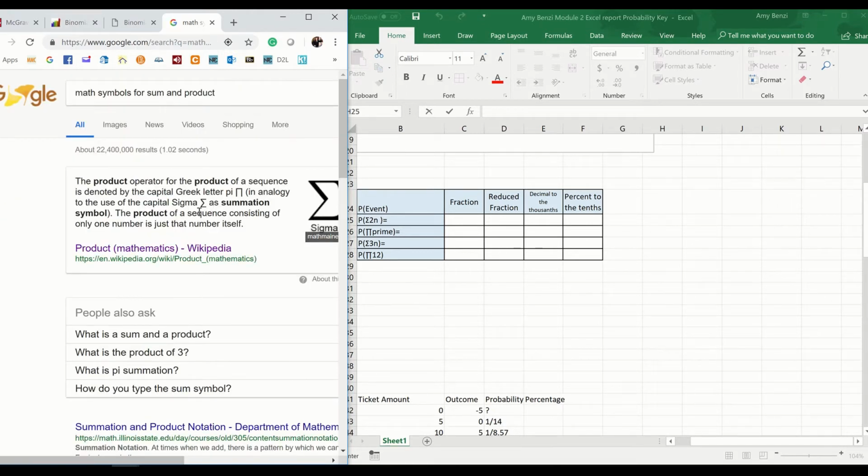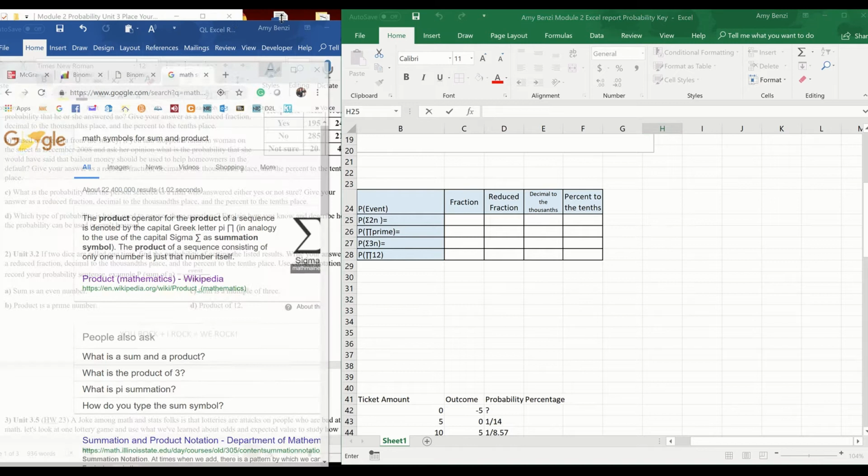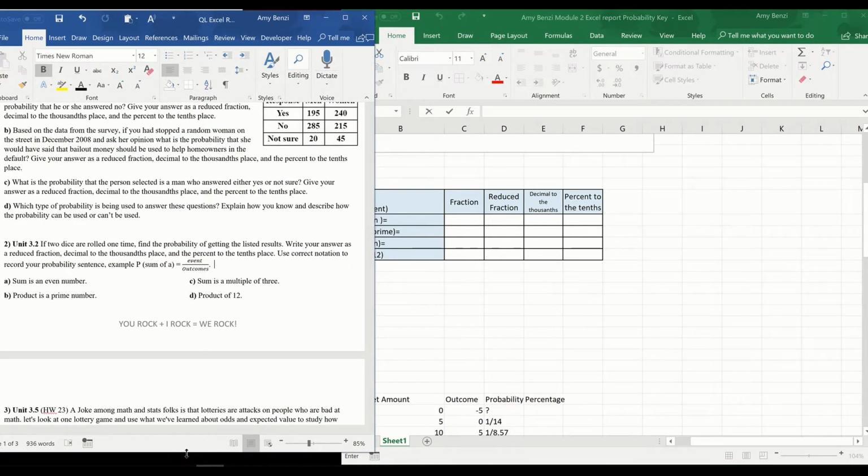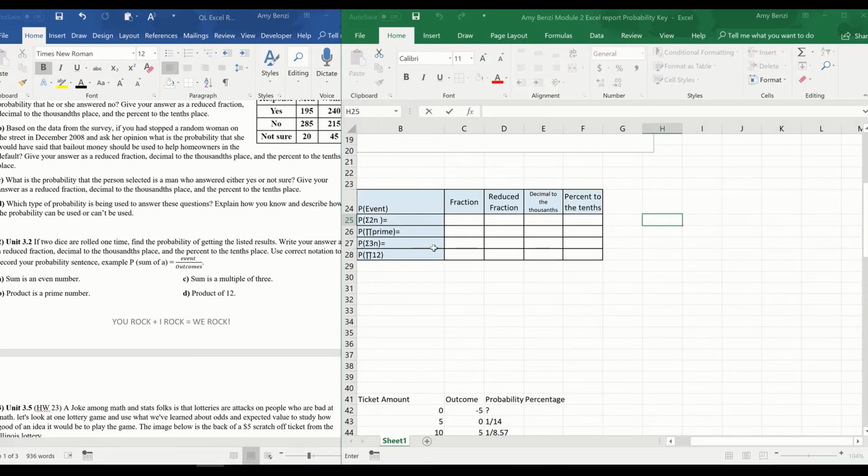And the sigma is the symbol for sum, and then you have this other Greek letter, which you may recognize, looks a lot like the regular pi symbol that we use, but this is a capital pi and a capital sigma. And the capital pi is the notation for the product, and the capital sigma is the notation for adding things together. So sum and product is all this says here.